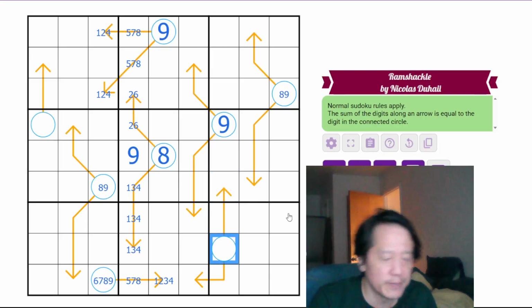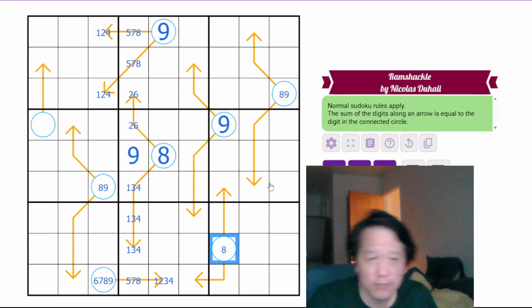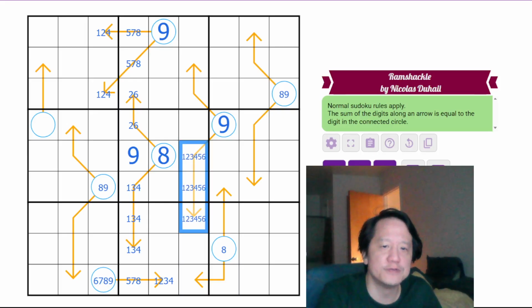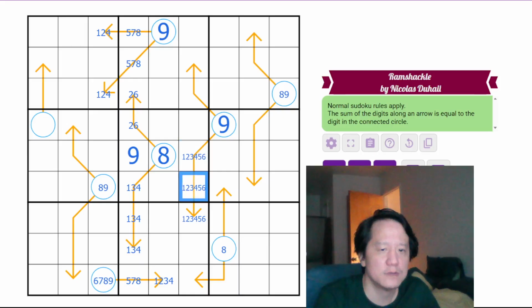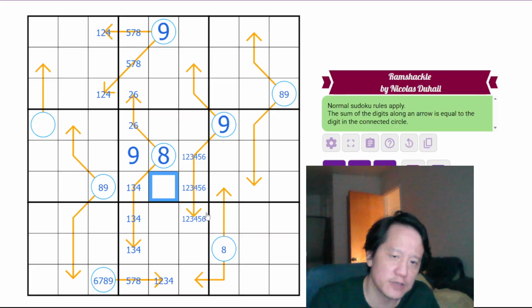So this cannot be 9 here. It's 8 at most there. These have to be 1 through 6 here to add up to 9. Seven has to be one of these 3 digits, but that doesn't tell us much.